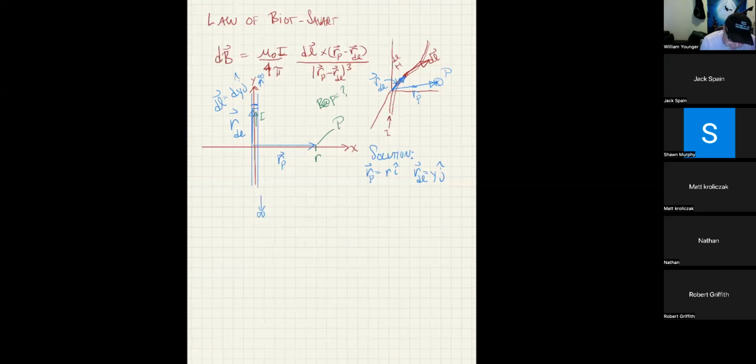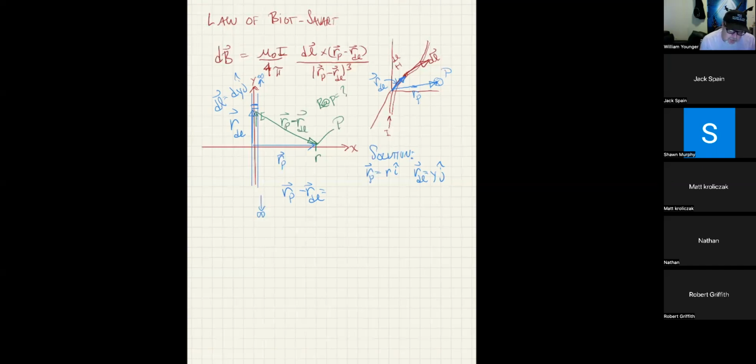That's actually really easy. RP minus RDL, which, by the way, you can draw on here. I will draw it in, say, green. That is RP minus RDL. Okay.